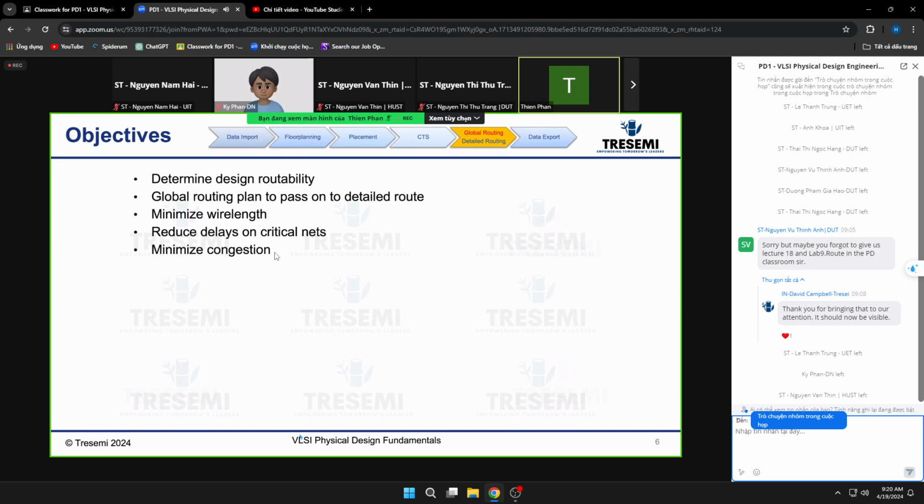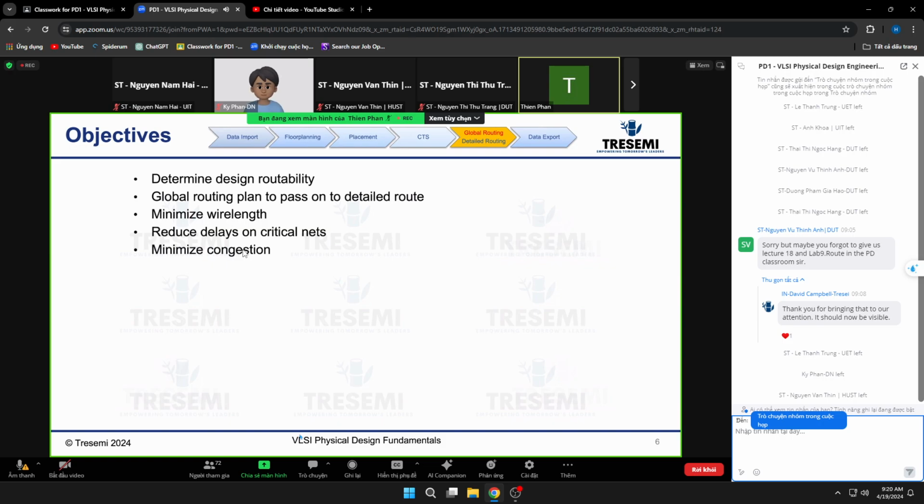And the result of this step is going to be used for the next step, which is the detail route.